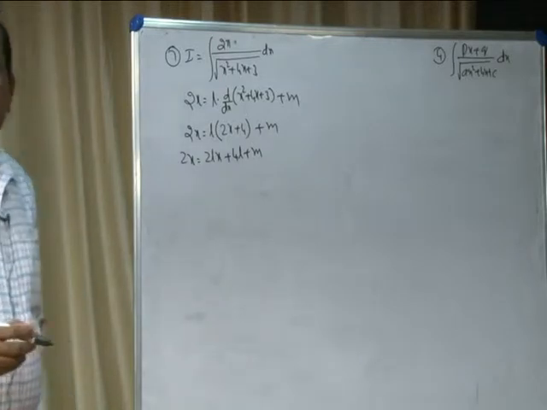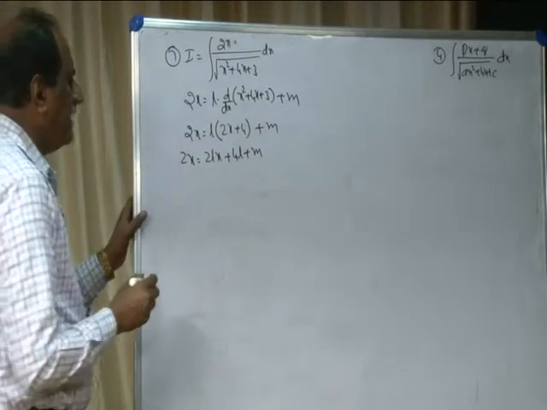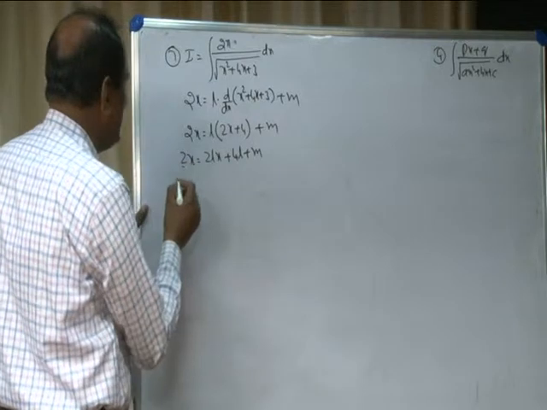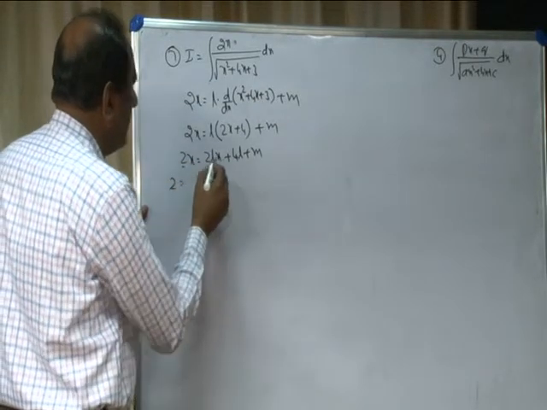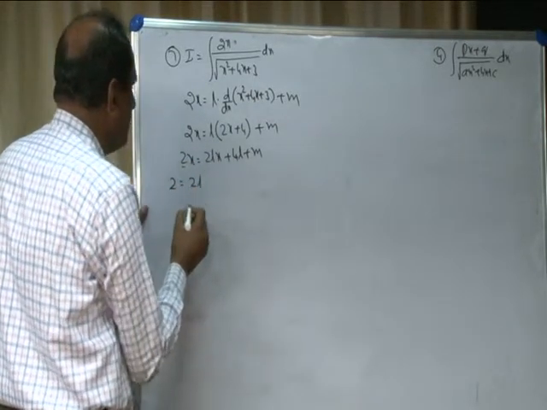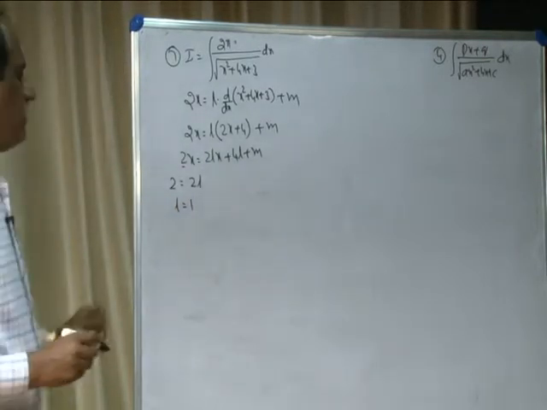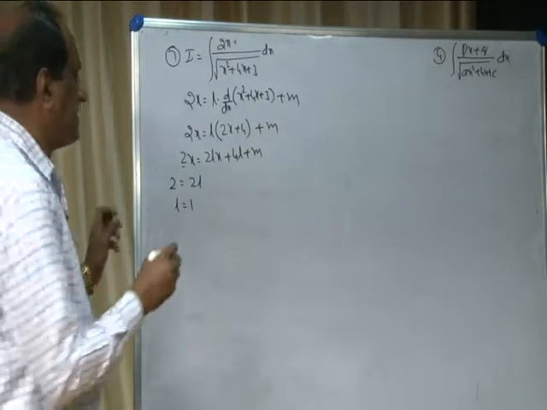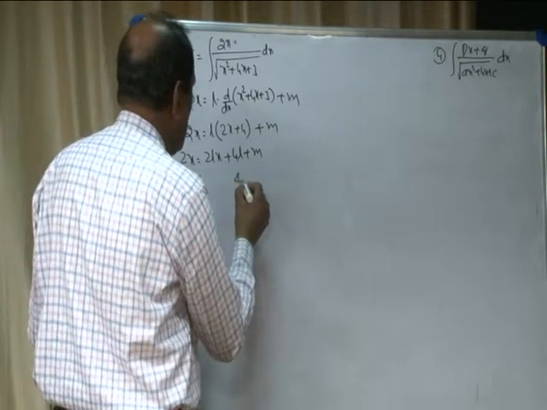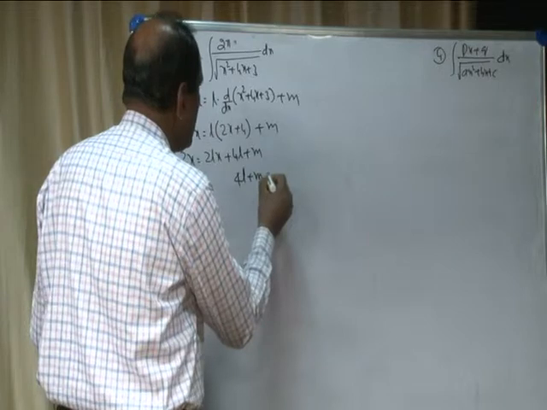Now, compare the coefficients of x on either side of the equation. What is the coefficient of x in the LHS? 2, that is 2l. 2l is equal to 2, L is equal to 1. Now, compare the constants, that is 4l plus m is equal to 0.